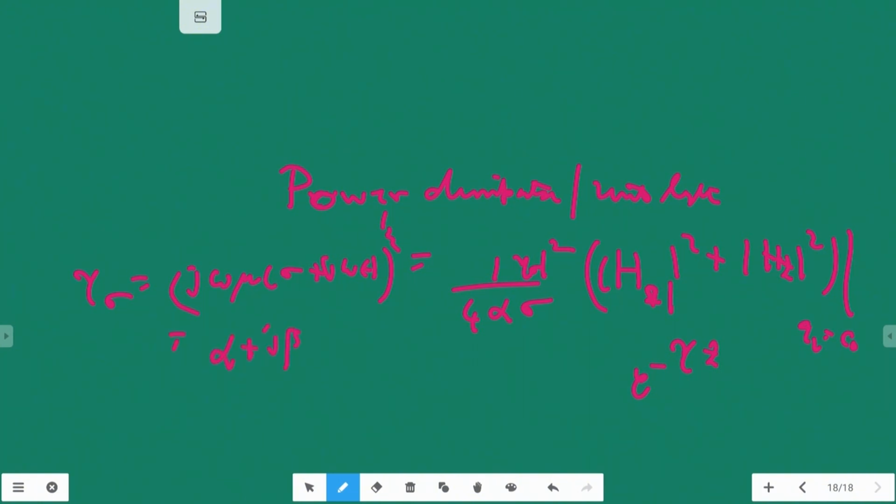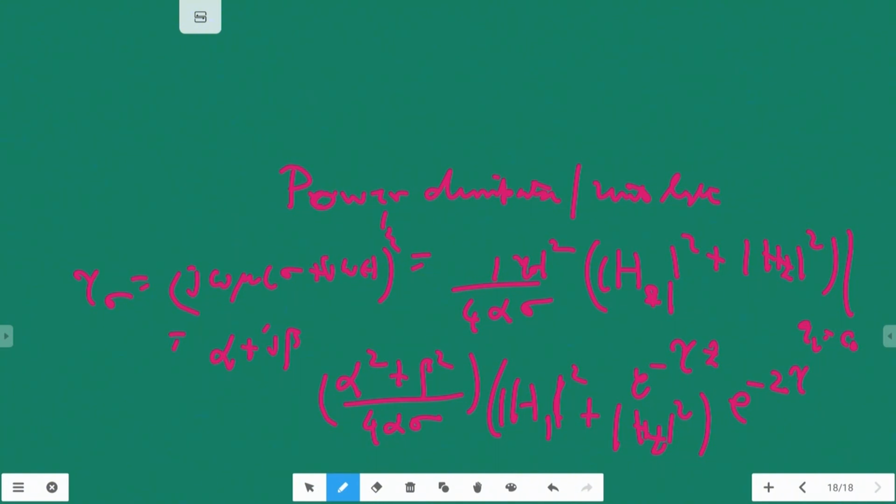So mod gamma sigma square should be read as alpha square plus beta square by 4 alpha sigma, times mod h1 square plus mod hz square, and it will vary with z as e power minus 2 alpha z. The beta will cancel out.